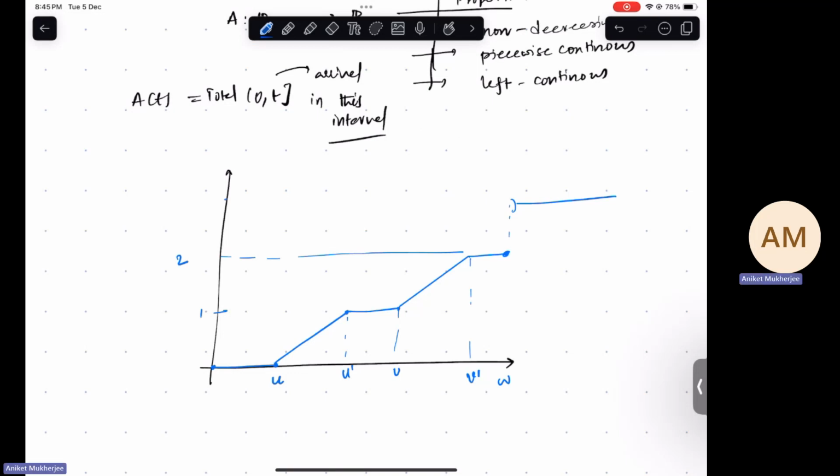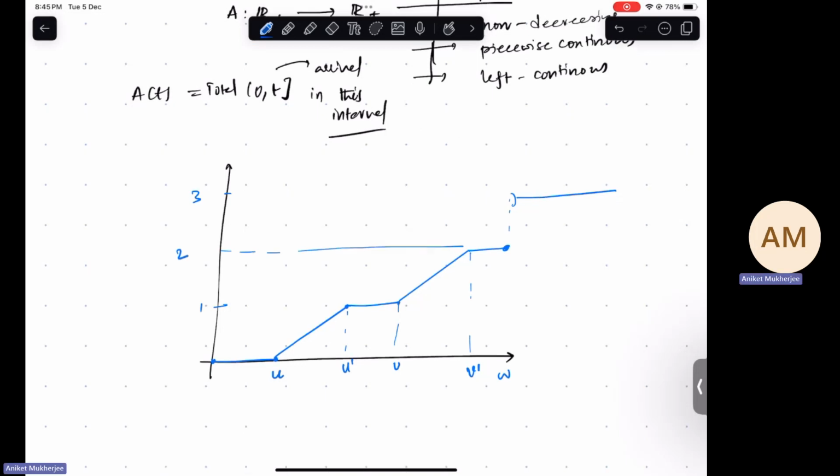So why we are doing it this way is we want to model all the types of possibilities that can happen in a system, right? So there are instantaneous discontinuities in the arrival process. These discontinuities represent instantaneous arrivals.